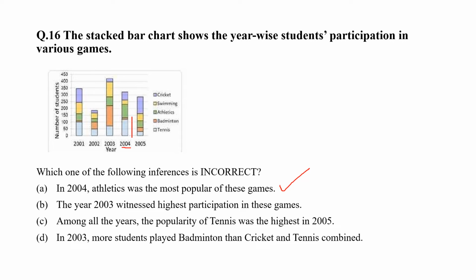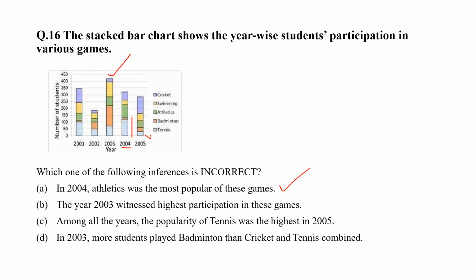Option B: The year 2003 witnesses the highest participation in these games. Yes, this is right, this is the highest. So this is correct. Option C: Among all the years, the popularity of tennis was highest in 2005.